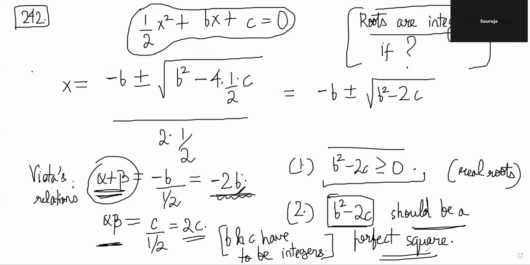So we will say option B, because b square minus 2c being a perfect square is an important condition. Although option C is also technically correct, it is not sufficient, right? b and c being integers does not ensure that the square root is an integer. Option C is true, but it is not enough.